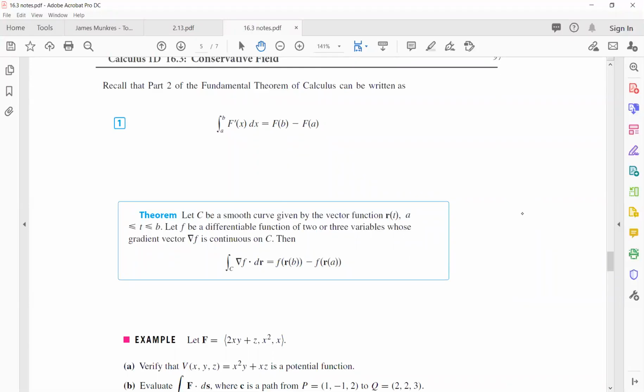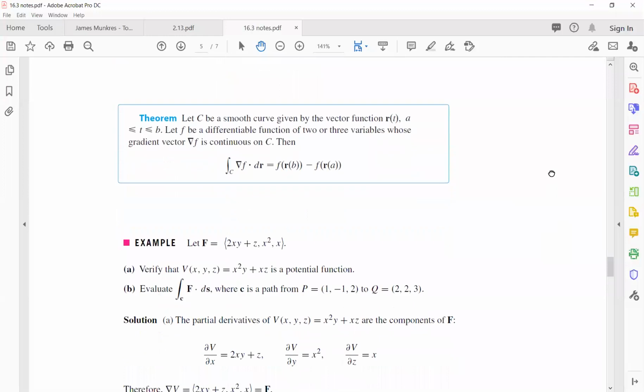Very nice theorem. It makes life much easier. Let us go over one example to see what's going on here.